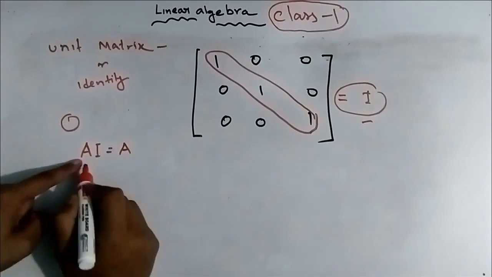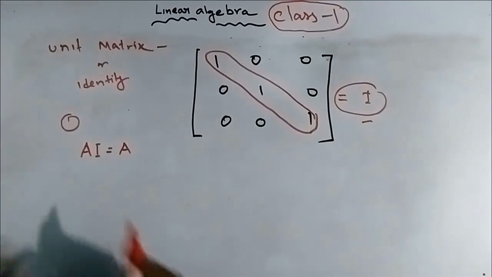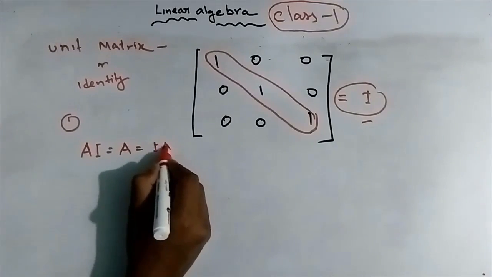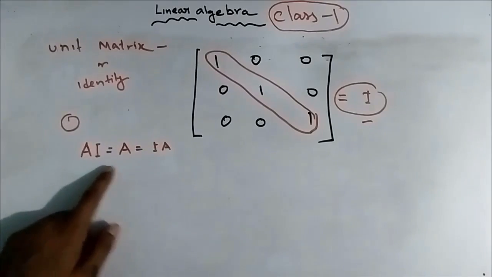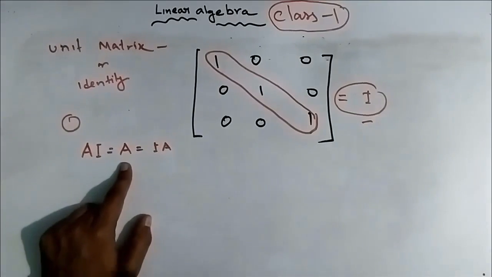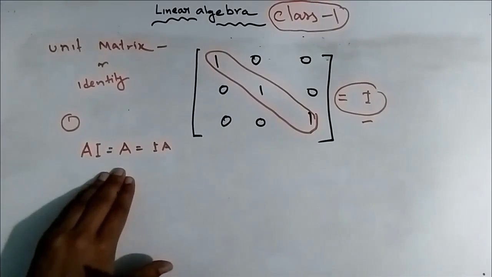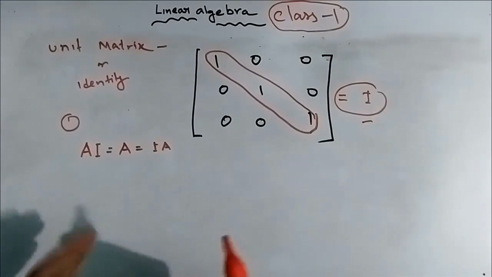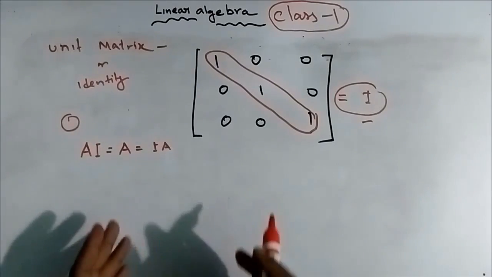If you multiply any matrix with the identity matrix, it will give you the same matrix. So guys, please remember this property. You can get a short question in GATE from these properties only. If you remember this property, you can easily do it without going to the calculation part. You don't have to calculate if you know the properties.